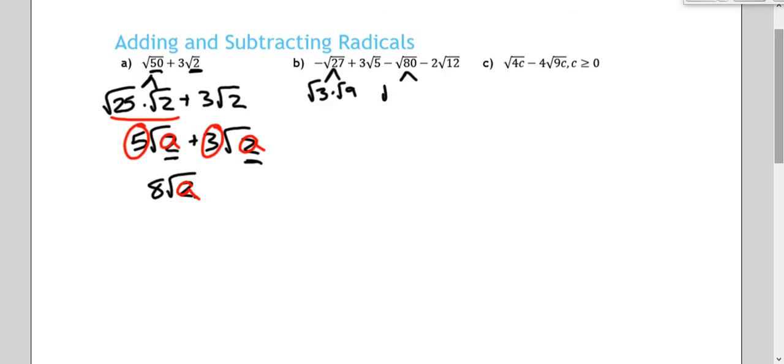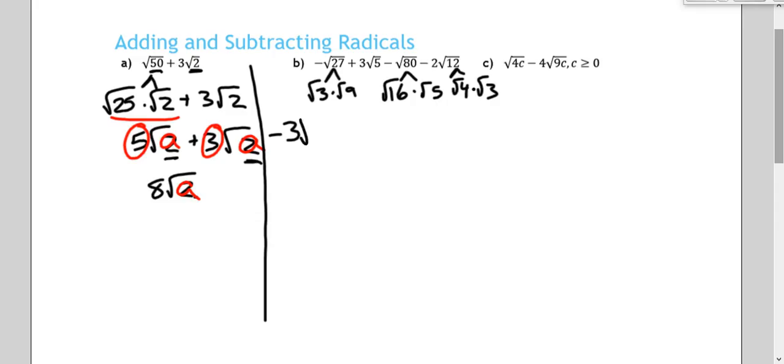So the square root 16 times square root 5. And this one breaks down a little bit more yet. So square root 4 times square root 3. So we rewrite this. So this becomes negative 3 root 3 plus 3 root 5 minus 4 root 5.